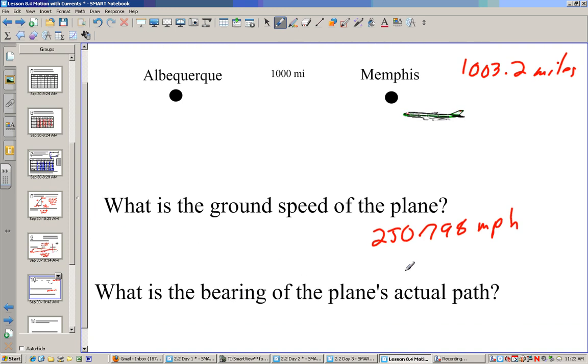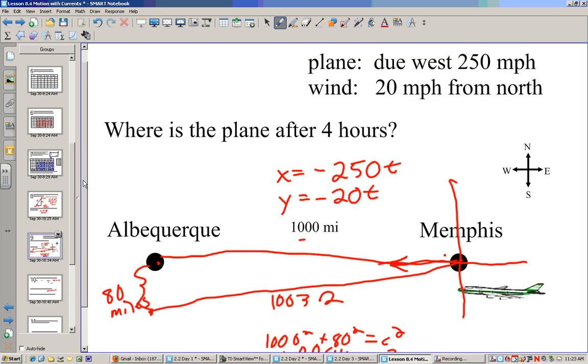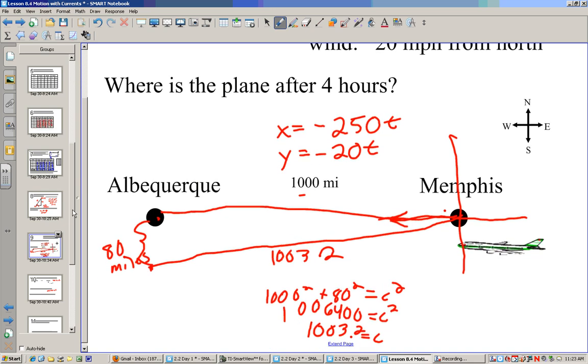What is the bearing of the plane's actual path? Well, if we take a look at this, the bearing is going to be this. So I just need to find that angle and then subtract it from 270.